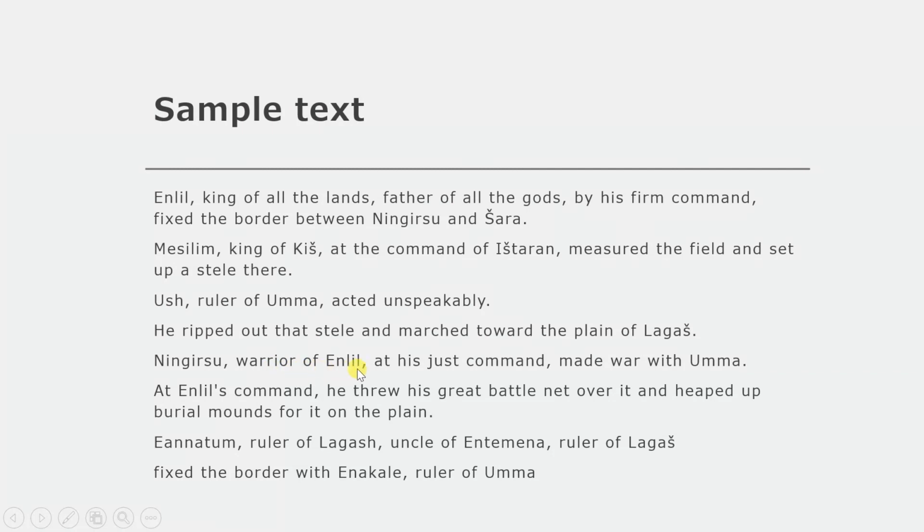Ningirsu, warrior of Enlil, at his just command, made war with Umma. At Enlil's command, he threw up great battle. He threw his great battle net over it and heaped up burial mounds for it on the plain. Yannatum, ruler of Lagash, uncle of Entemena, ruler of Lagash, fixed the border of Enakale, ruler of Umma.